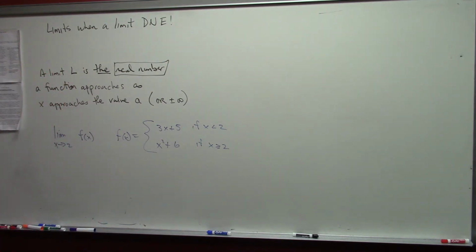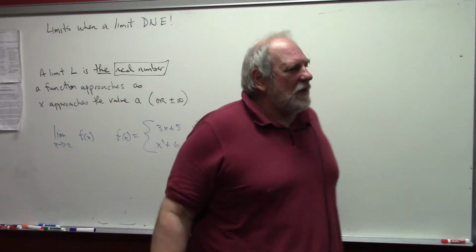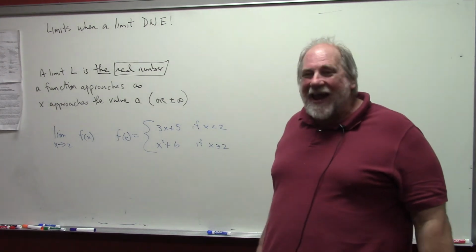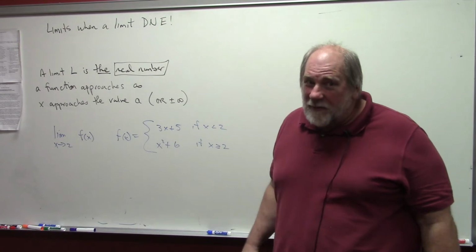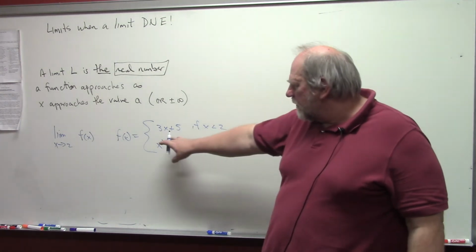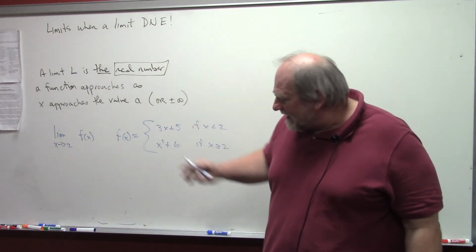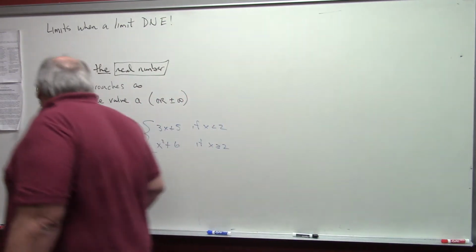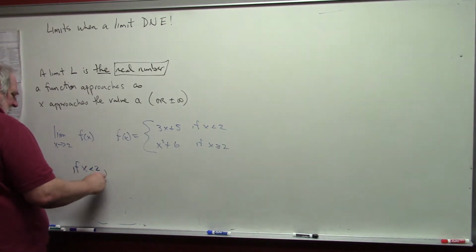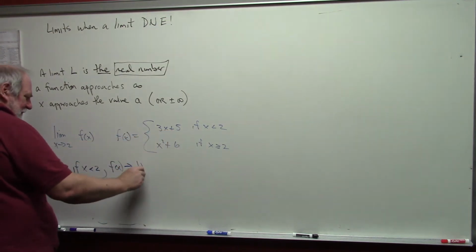Now, remember when we talked about limits, we had to approach a particular value, and it didn't matter which side of a we approached from. I should have gotten the same result. And notice in this particular case, if x approaches 2 from values that are less than 2, then f of x approaches the value 11.